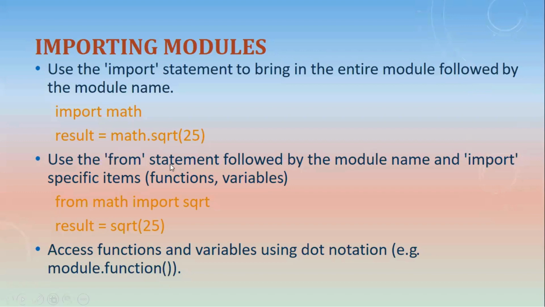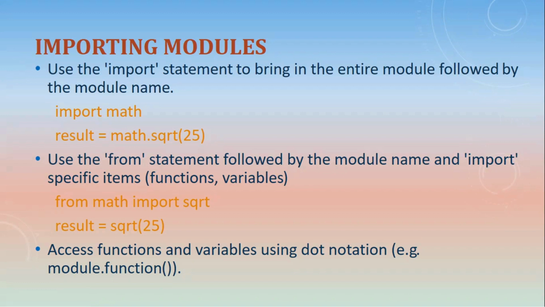For example, there is one function called square root, as I mentioned earlier. All you need to do is write the module name, which is math, dot, using dot is mandatory, and along with that use the function name. So if I want to use square root, which is sqrt, then you write math.sqrt, and then in the brackets you write the parameter value, right? This value can be returned and saved in some variable. So result = math.sqrt(25). It will give you the answer as the result, right? And then you can print that result whenever, wherever you want to.